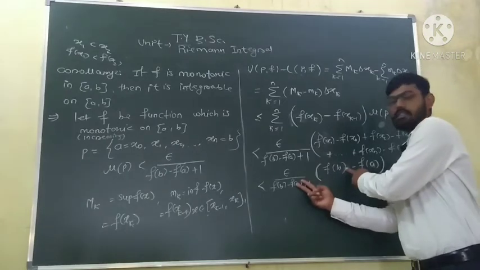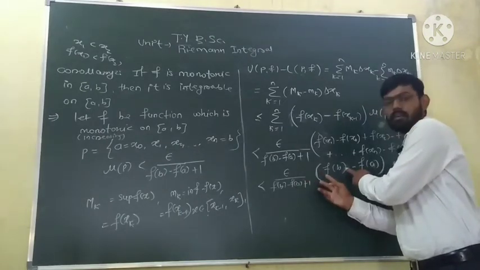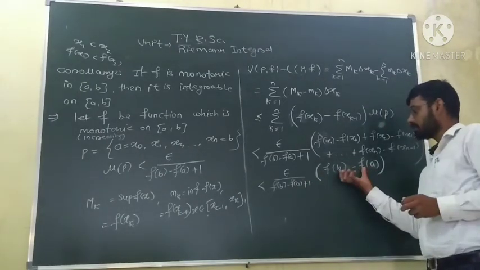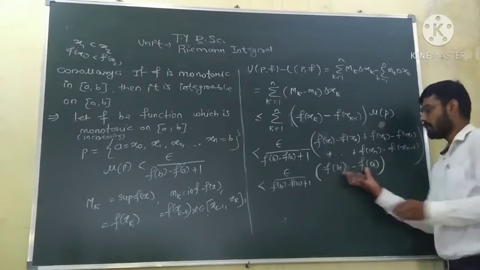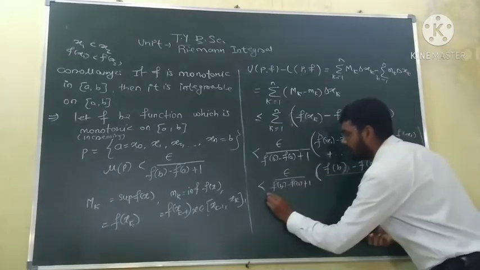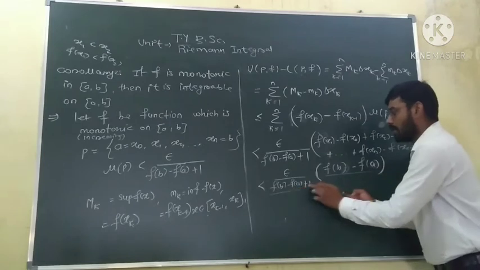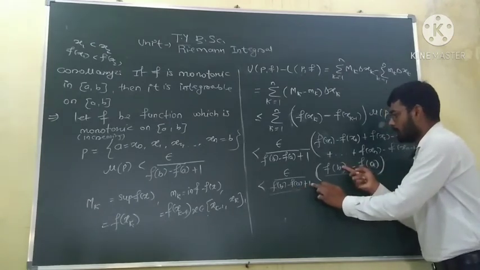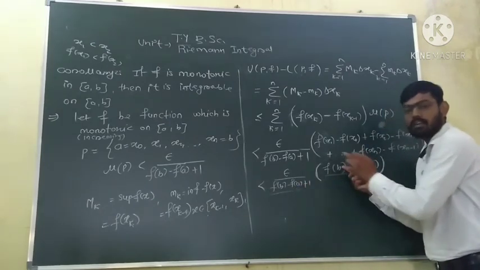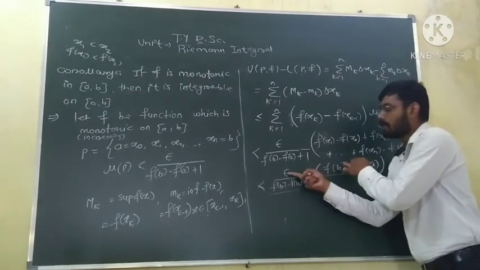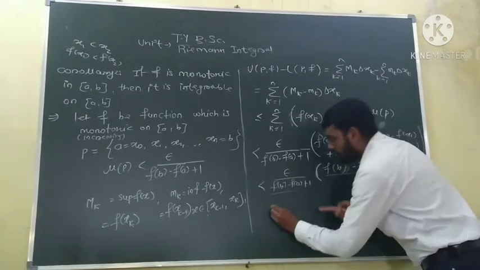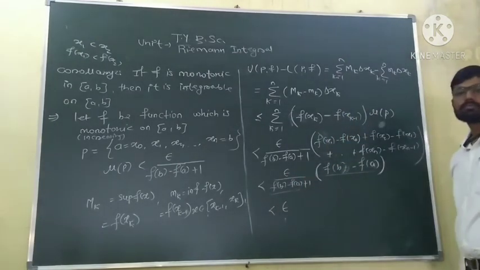So this upon this value is less than 1. Why? Because here is f of b minus f of a, and here is also f of b minus f of a, but here an extra 1 is added. So this fraction is less than 1, and 1 into epsilon becomes less than epsilon.